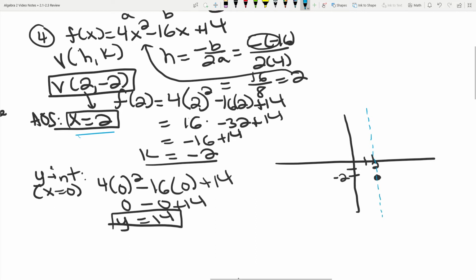And then we know that the y-intercept is 14, so we're going to go all the way to 13, 14. Okay, so 14 is all the way over here. This is 14. And then we can draw the graph.